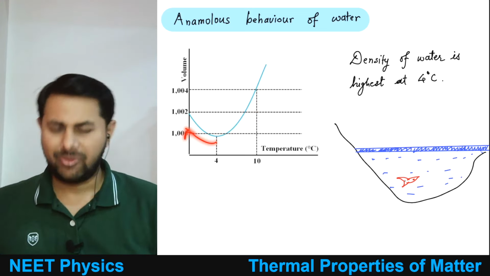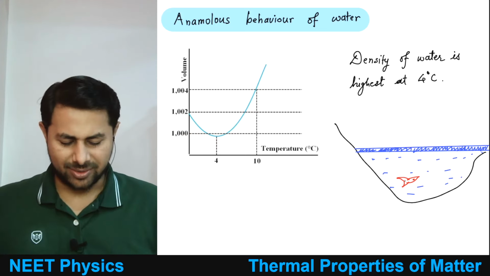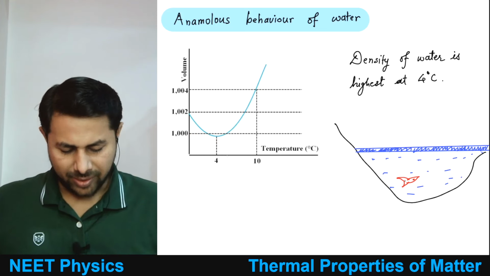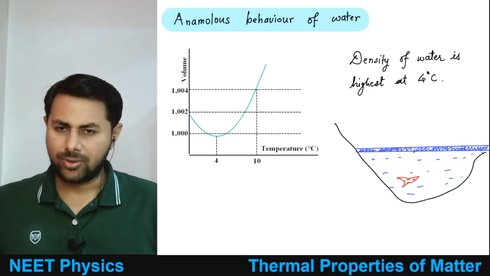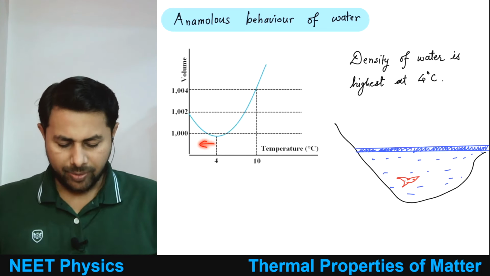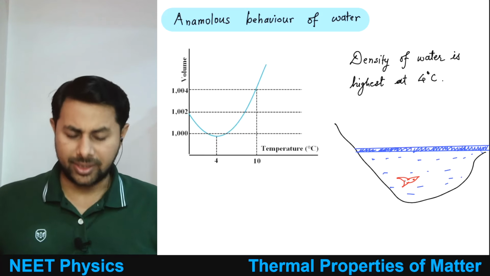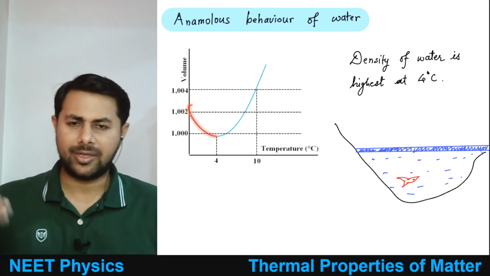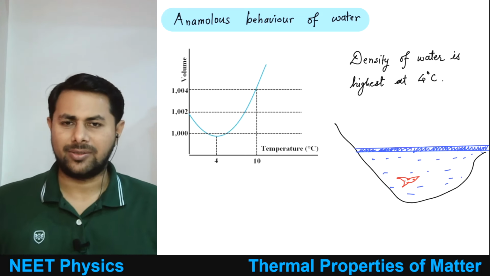And even if you decrease the temperature below that, from 4 to 3, 2, 1, 0 degrees Celsius, the density will still decrease, it will expand.